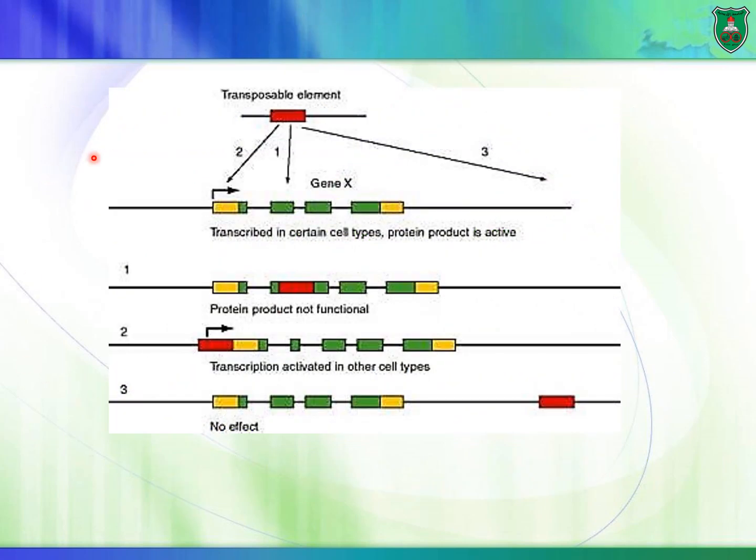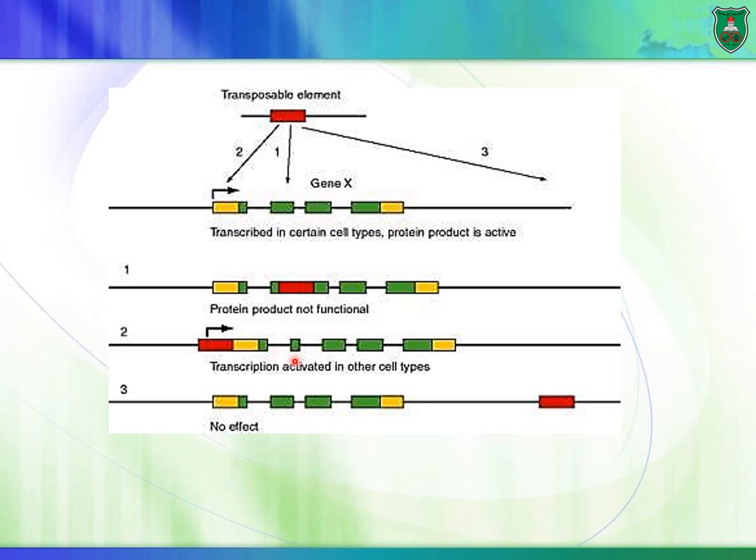The reason is that when a transposon changes places, it can insert itself within a gene. So it disrupts the gene, and the gene does not function anymore. If it produces a protein, then this protein is not functional.